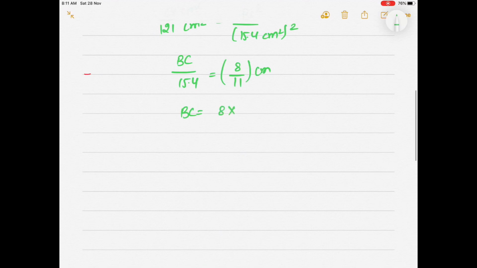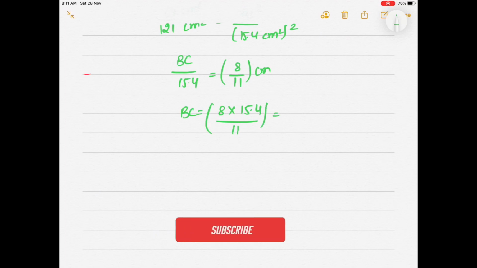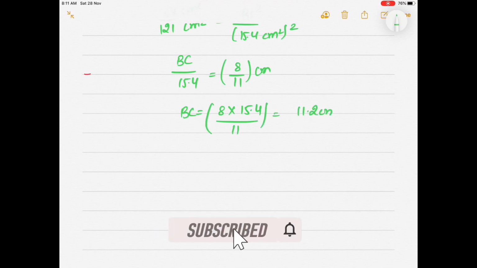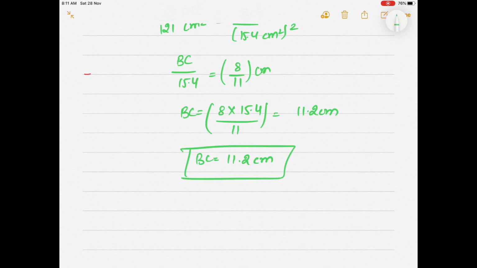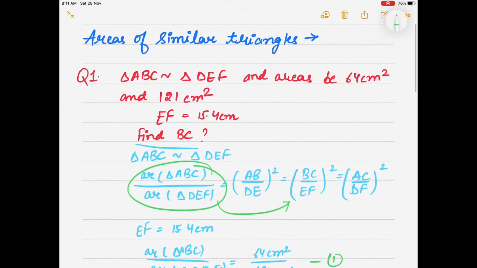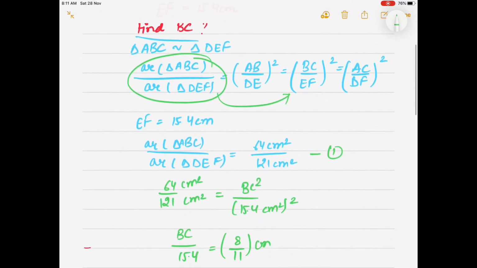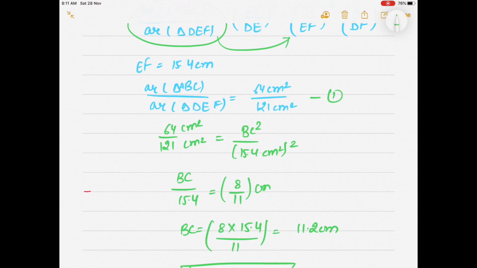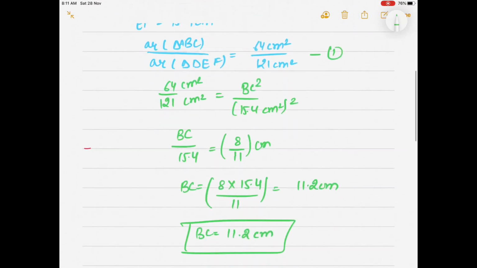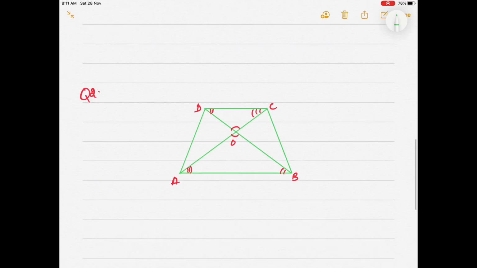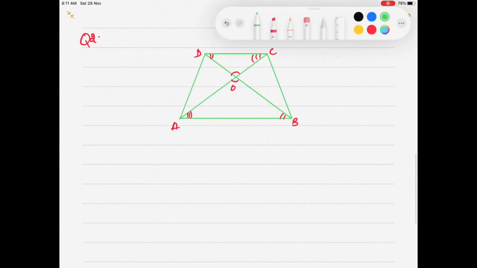Now BC will be equal to 8 into 15.4 divided by 11, and our answer will be 11.2 cm. BC is equal to 11.2 cm. This is our final answer because the question asked us to find BC only. In this method you can solve your questions to gain full marks.